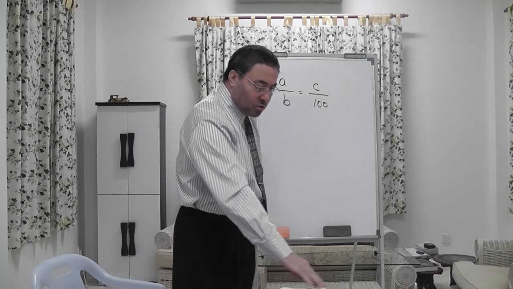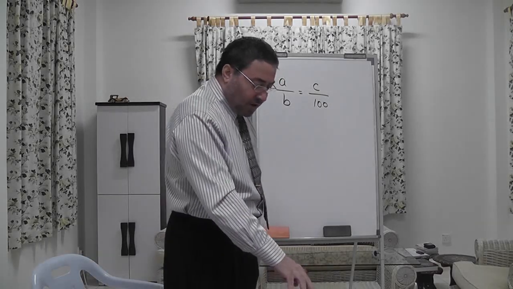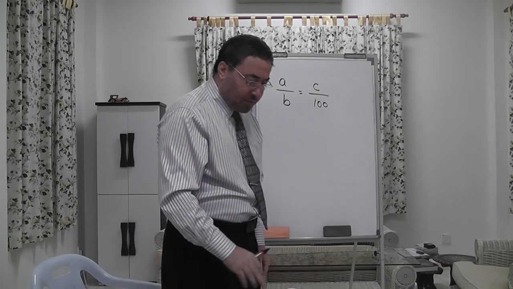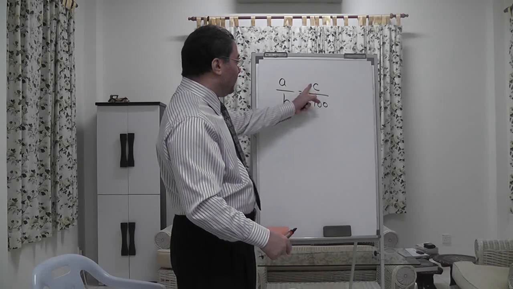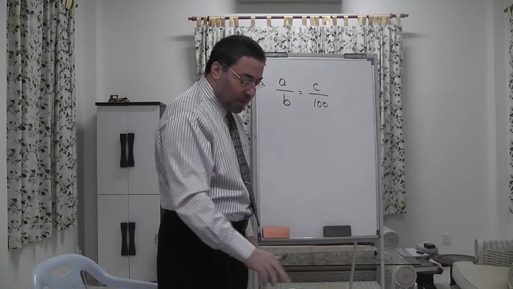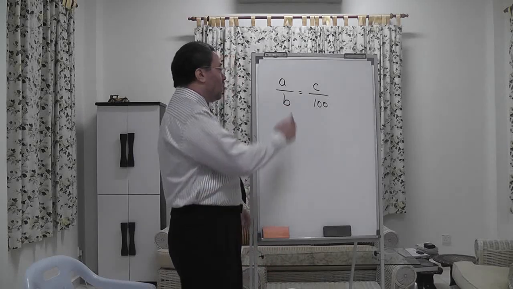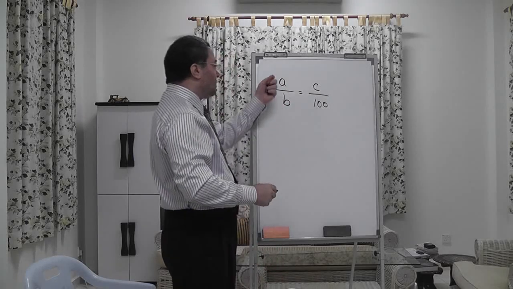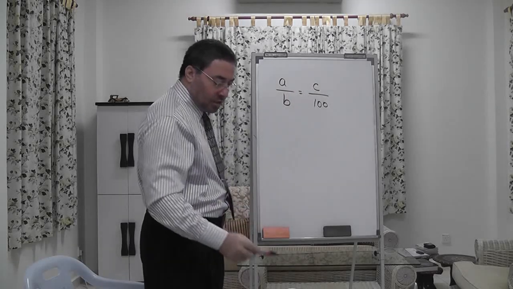So let's do example number 1 on page 150. Finding a percent of a number. Here we have the percentage, so we have C out of 100, and we have a certain number, B, and we want to get the number which, if we compare it to B, will be the same as this percentage.